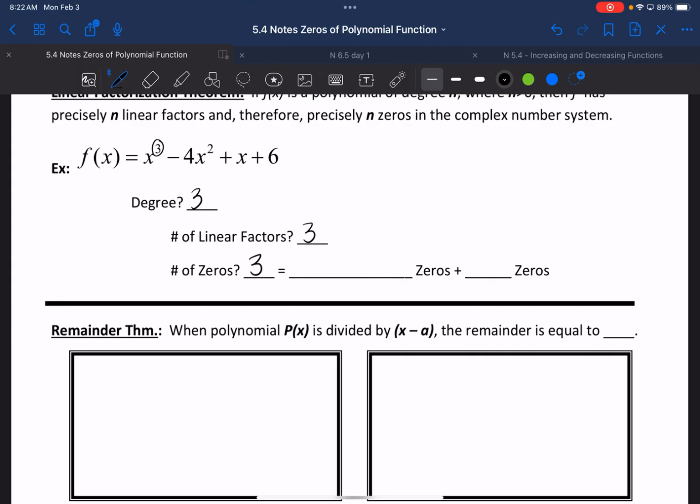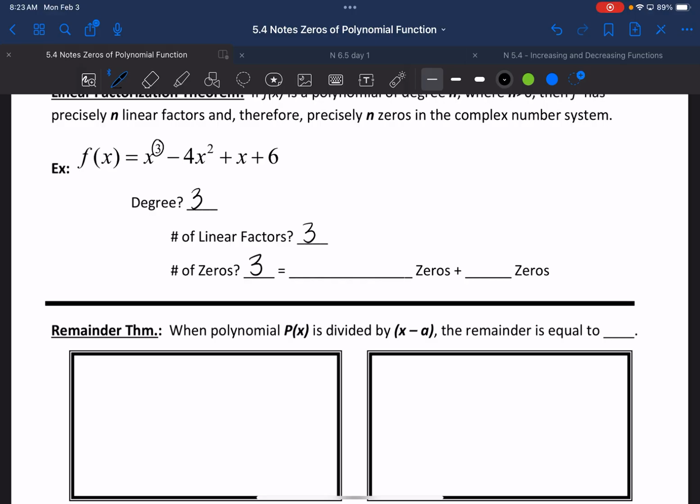The catch here is that they may not all actually touch the x-axis, because remember, sometimes things are not able to be factored, right? Doesn't mean that they don't have some value, right? But sometimes we use quadratic formula to find them. And then what could happen is maybe not only do we get a decimal, but when we're using quadratic formula, we end up with a negative under that square root.